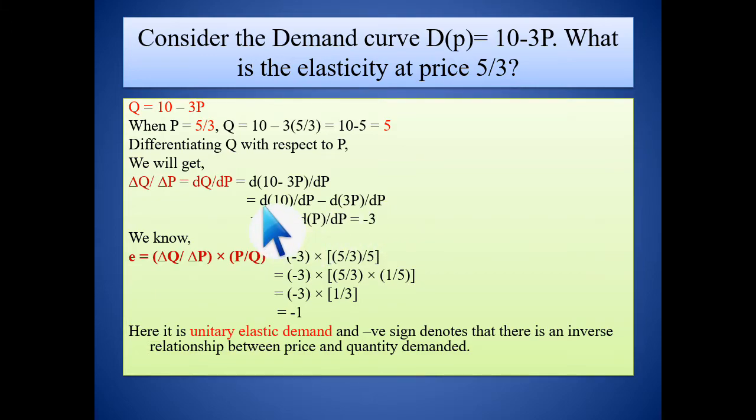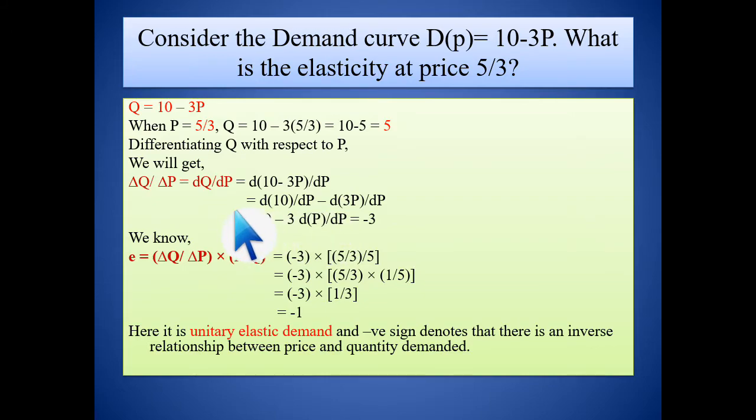The derivative of any constant number is 0, minus, we take this 3, which is constant, outside, derivative of P with respect to P, so dP by dP will be 1. 0 minus 3, so your answer will be minus 3.